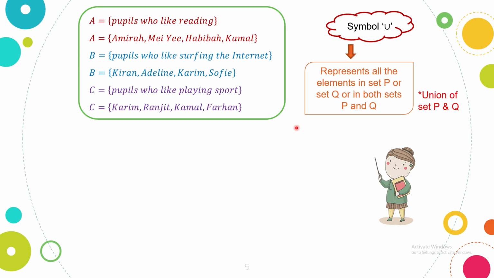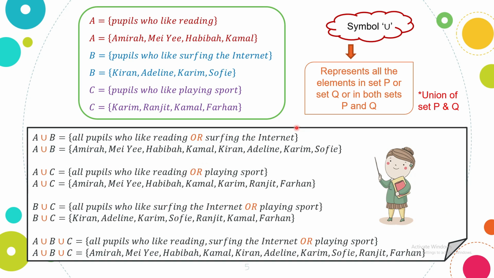How do we determine the union? Let's take this example: A union B. A just now is the pupils who like to read, and B is the pupils who like surfing the internet. A union B is all pupils who like reading or surfing the internet. The list of names is Amira, Mei, Habibah, Kamal, Kiran, Adeline, Karim, Sophie.